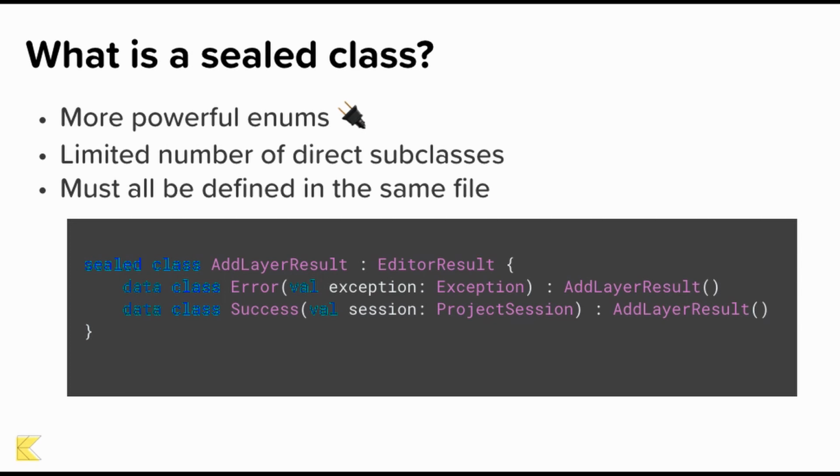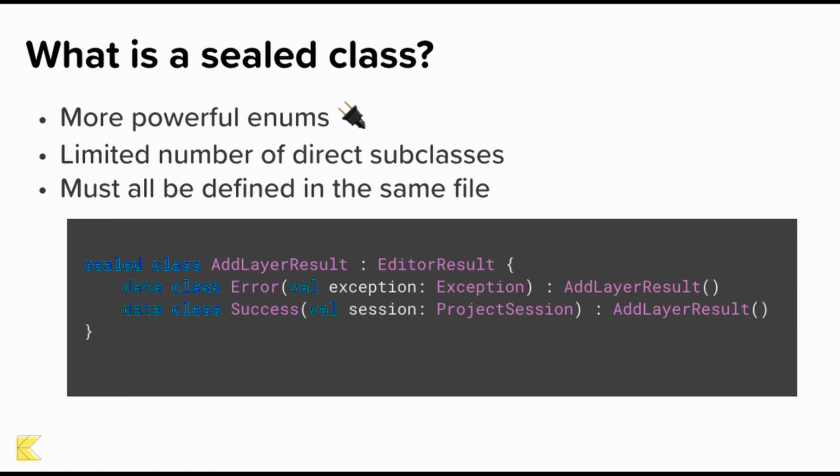But now nowhere else can you extend AddLayerResults. If you have another class or another file, you can't put AddLayerResults as the parent class. It has to be in the same file, defined within here. Otherwise, Kotlin's not going to like it.